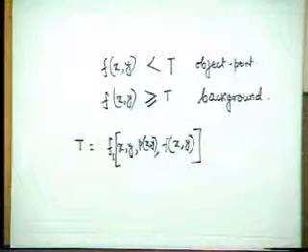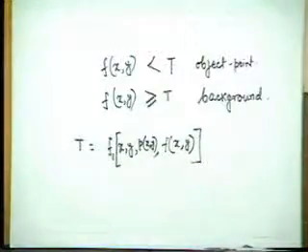Now, when t is only dependent upon f of xy, and nothing else, not on p of xy, not on x, not on y at all, then what type of threshold should we call it? We should prefer to call that a global threshold, because it is only dependent upon the intensity, so it is not changing from one position to the other, and not dependent upon any local properties.